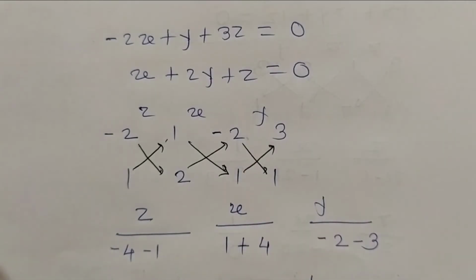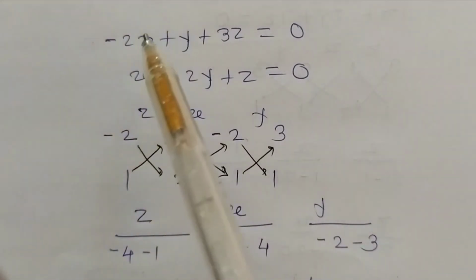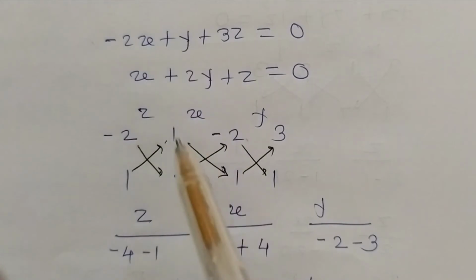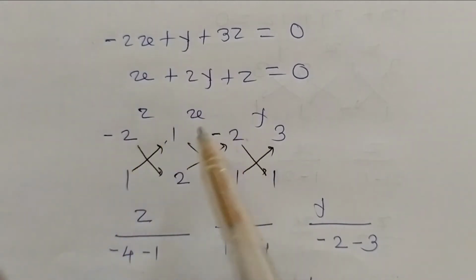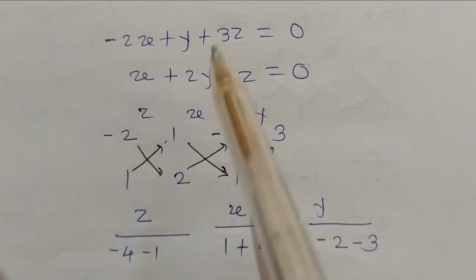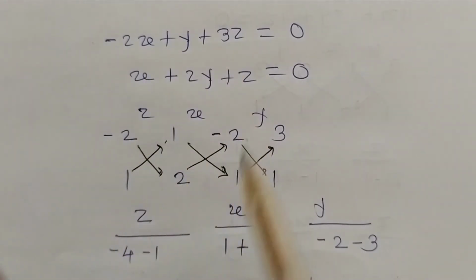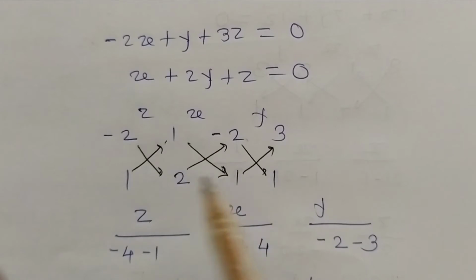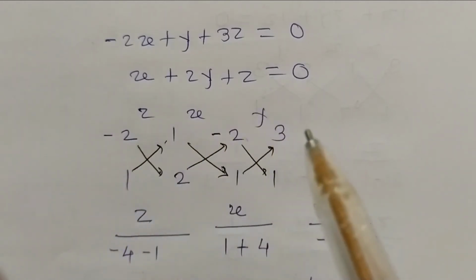We write this as minus 2, 1, again this minus 2, and then this 3. Then 1, this 2, again this 1, and this 1. This is the trick of finding the values of x, y, and z.